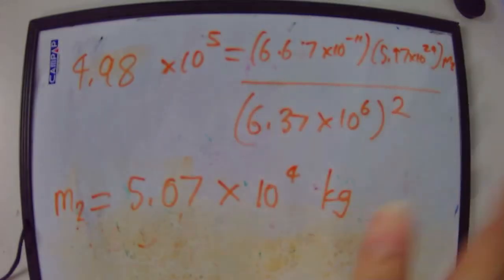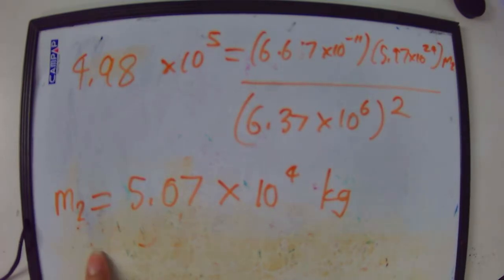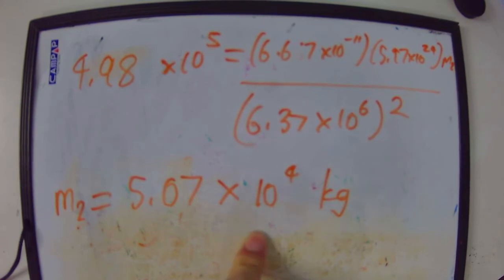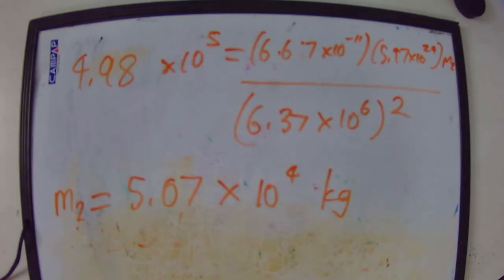So once you finish rearranging everything, you finally end up with the mass of your rocket being 5.07 times 10 to the power of 4. Yes, right, 10 to the power of 4. Or actually, you can just write it as 50,700. That would be the full form.